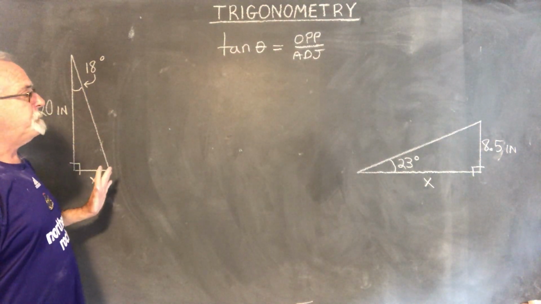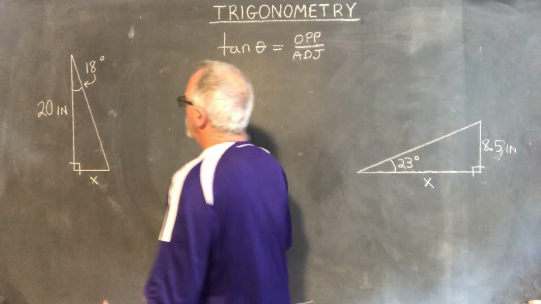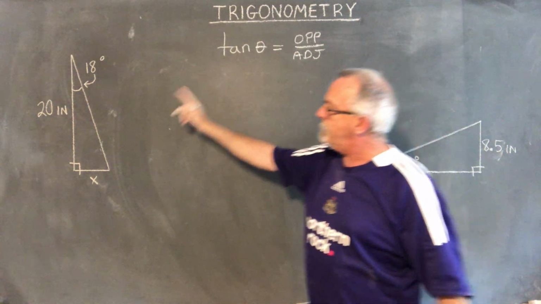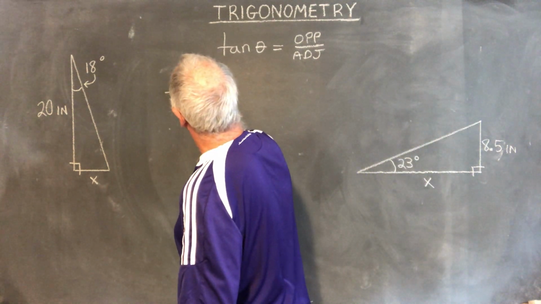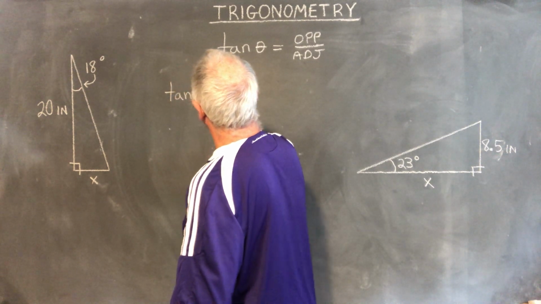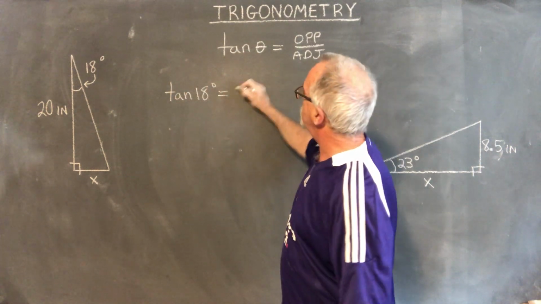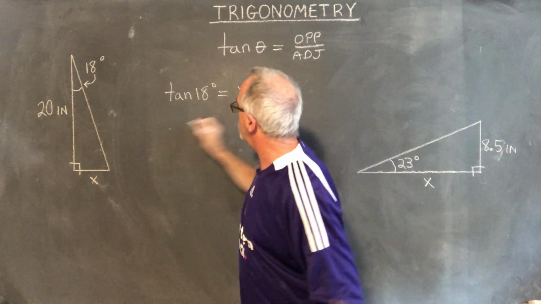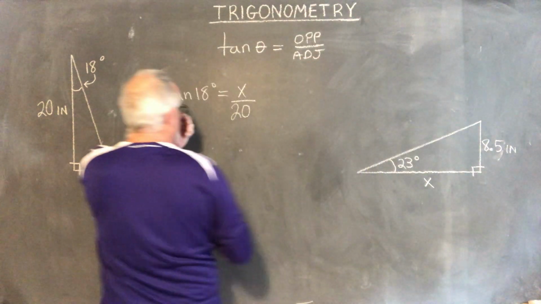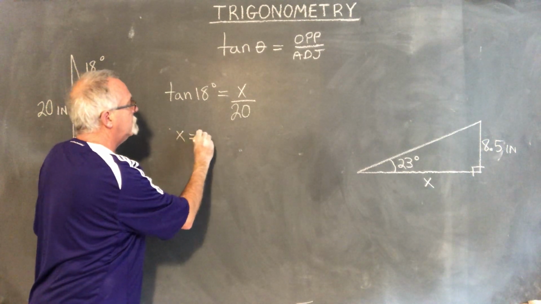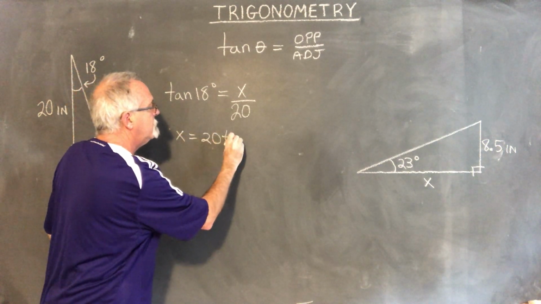Okay, so I'll start with this one. We are using the tan formula to find this side x. Tan of 18 degrees is going to be equal to the opposite, which is the x, over the adjacent, which is the 20. That means x is going to be equal to 20 times tan of 18.